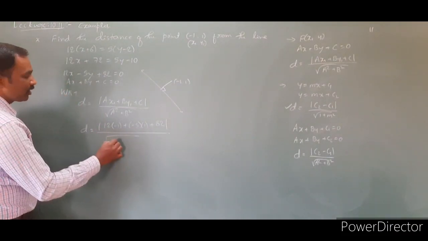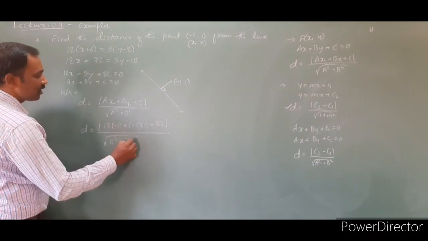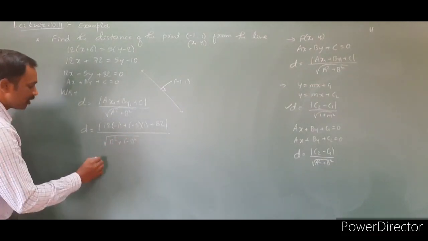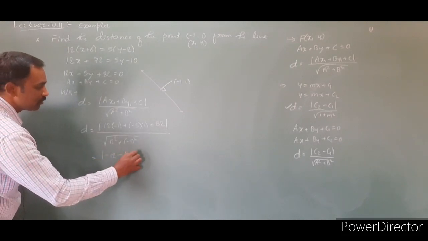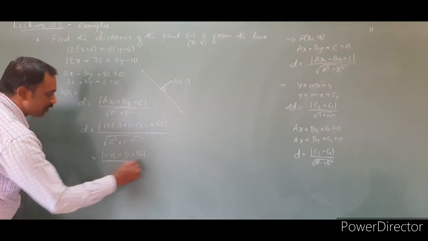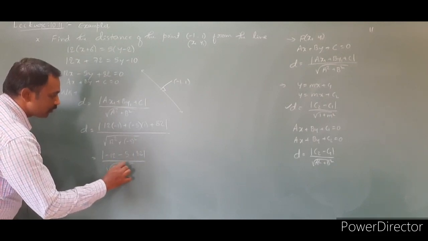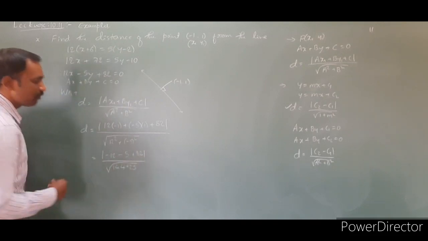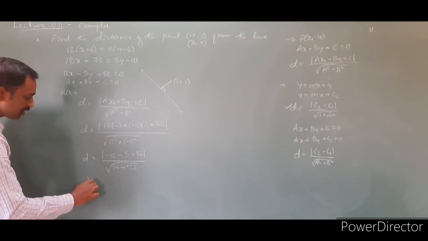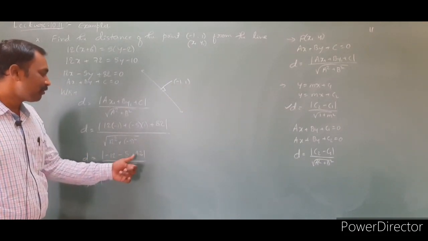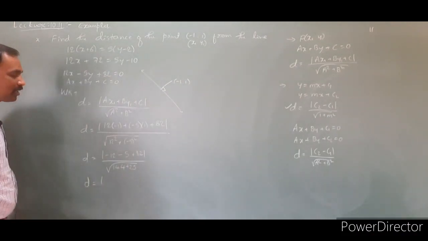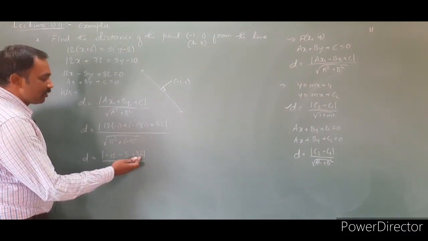A square is 12 square, plus b square is minus 5 square. So we get minus 12 minus 5 plus 82 divided by the root of 12 square, 144, plus 25. Minus 12 minus 5 is minus 17, plus 82, that is 65.